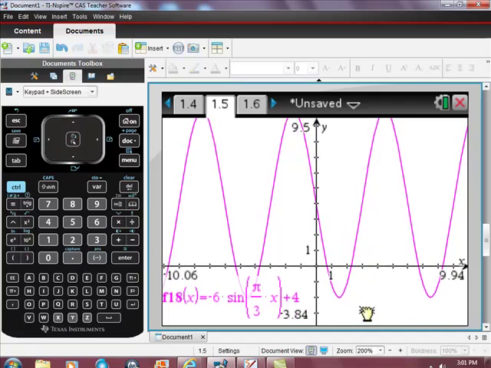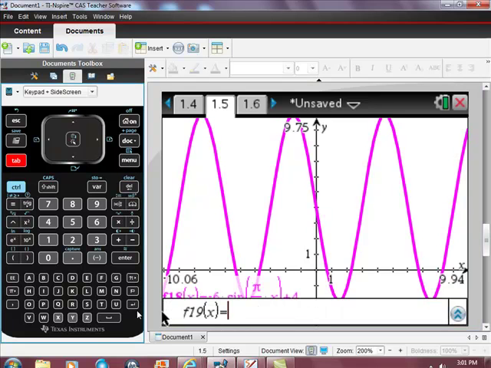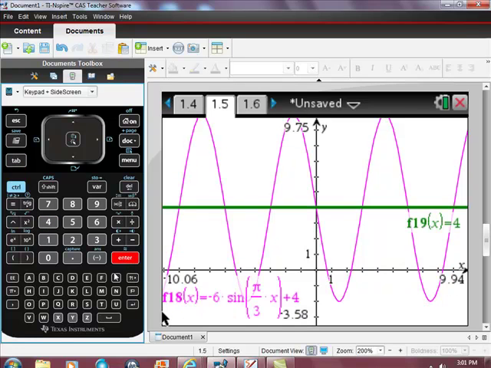Looks crazy, doesn't it? But look at this. If I go back and graph this again, and I put in y is 4, hopefully you can see that the distance from this line here to this maximum point up here is 6, and the distance from here to here is 6.